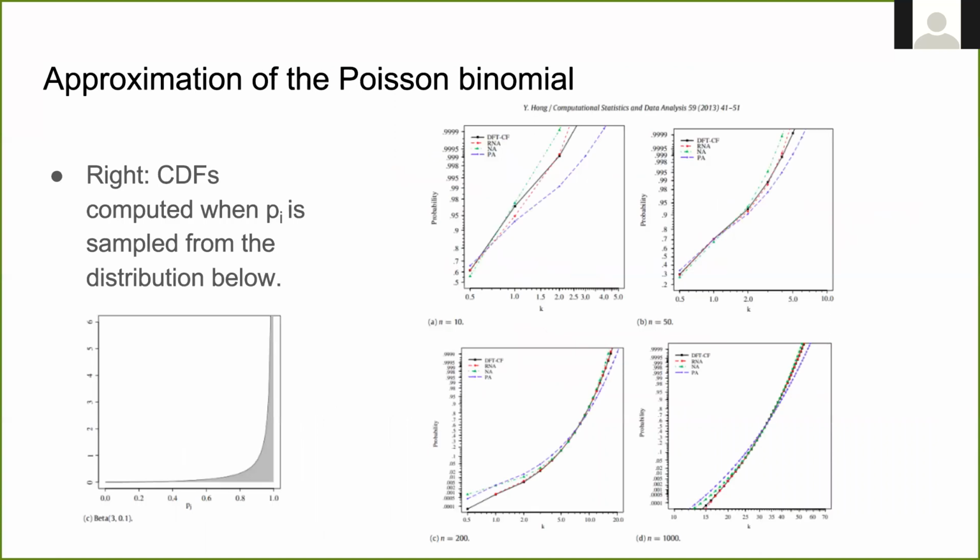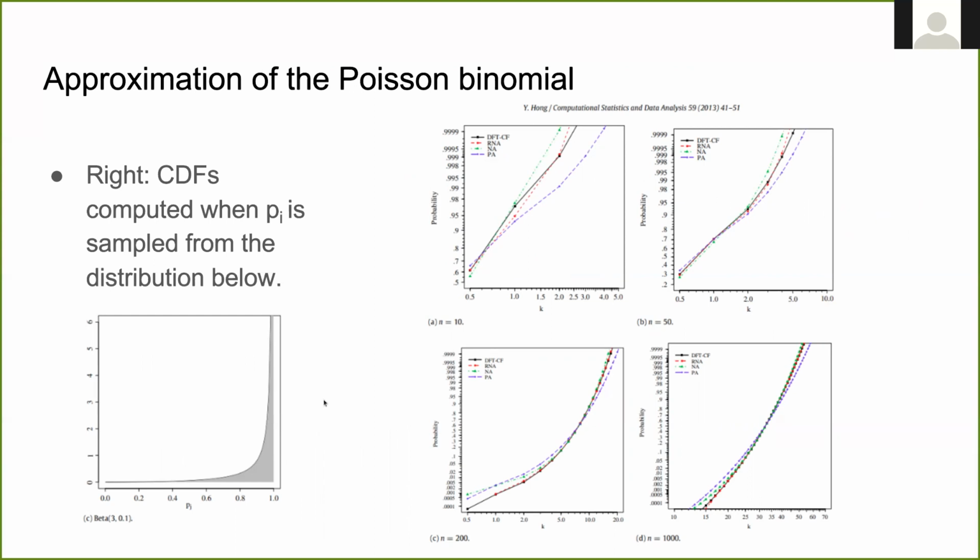This slide gives an example of the performance of the approximations. It's worth noting that the performance of the approximations depends on the underlying distribution of the p-values. In this case, if we set this p-value distribution to this beta distribution, we get the performance on the right. But these performance patterns won't necessarily hold if the distribution of underlying p-values changes.